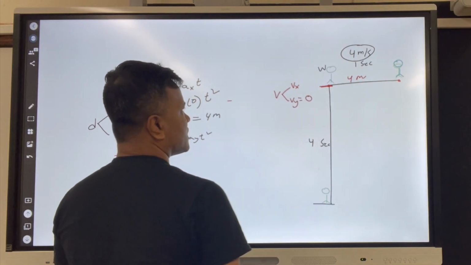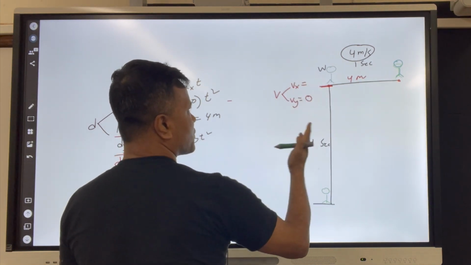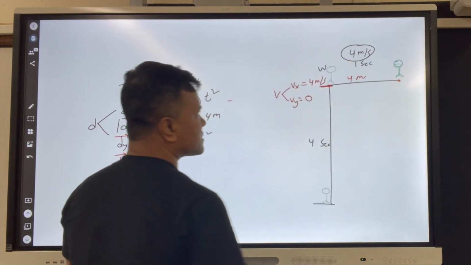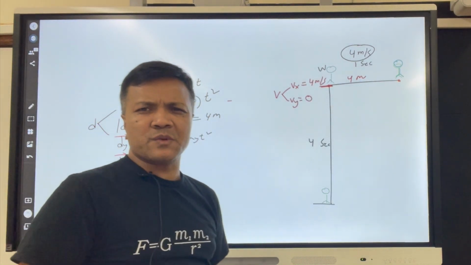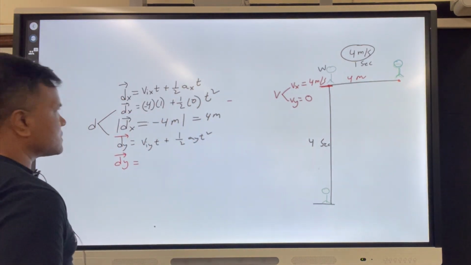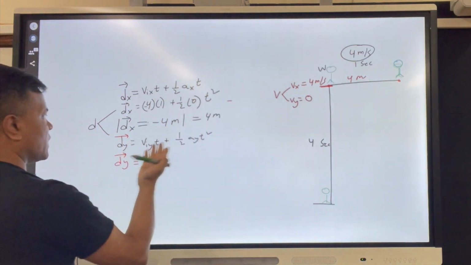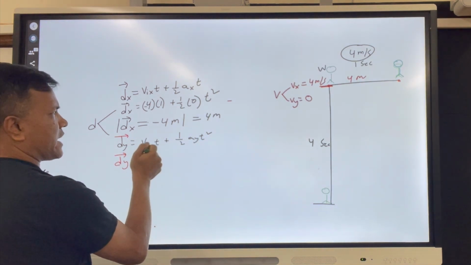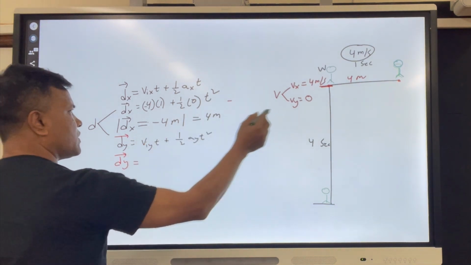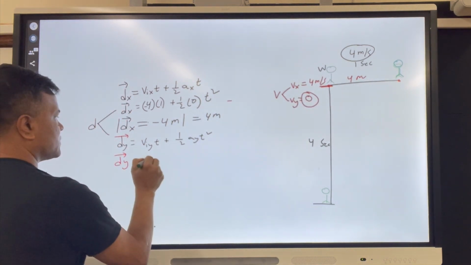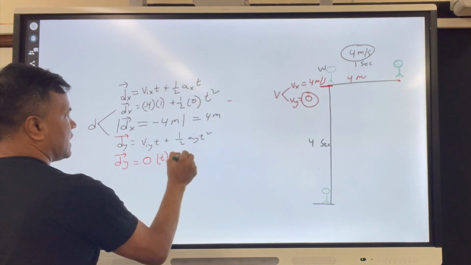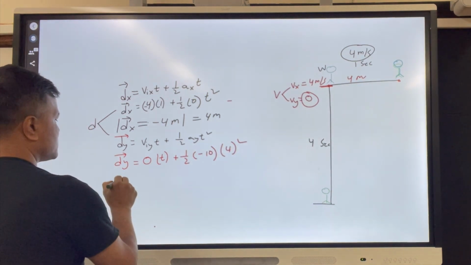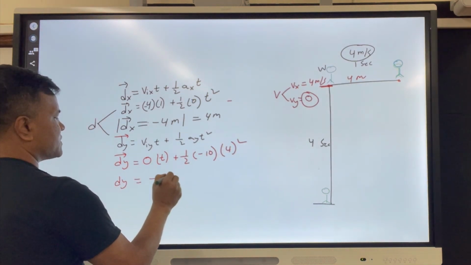Vx is 4 meters per second, but there is no vx component over here. So viy is 0. Half, ay is -10, t is 4 square. So dy is equal to -80 meters.